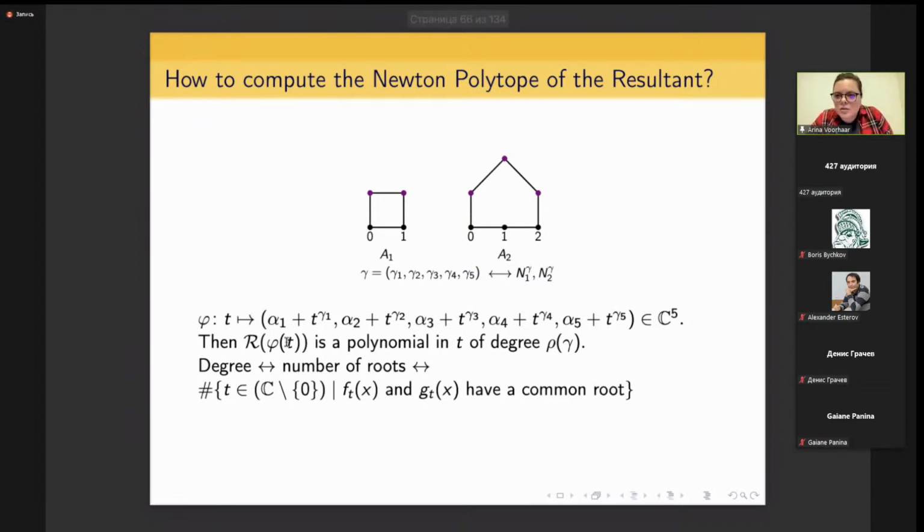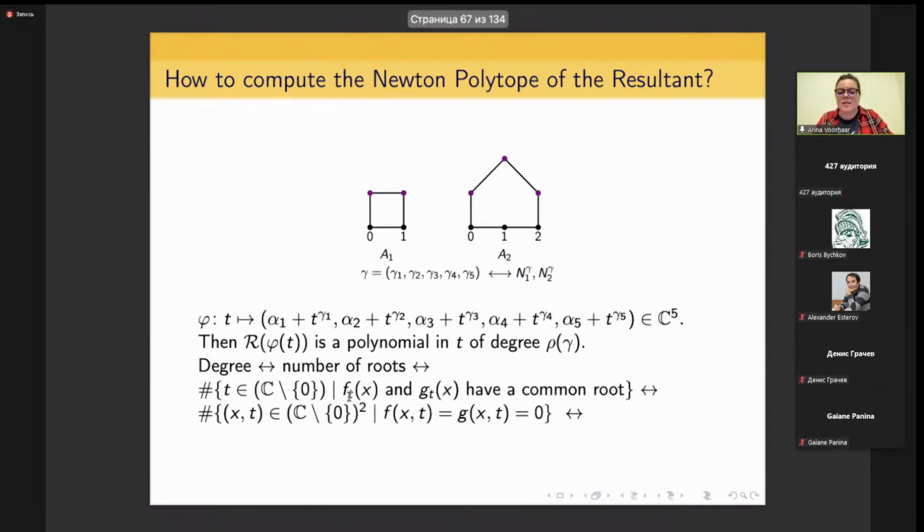What are the roots of such a polynomial? The number of roots of such a polynomial is the number of parameters t such that the corresponding system from the family of systems in X, depending on that variable t, has a common root.